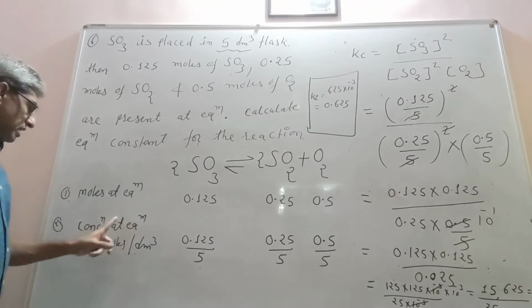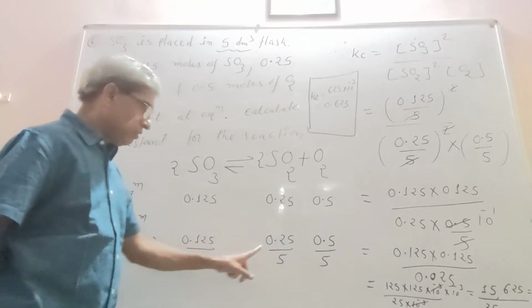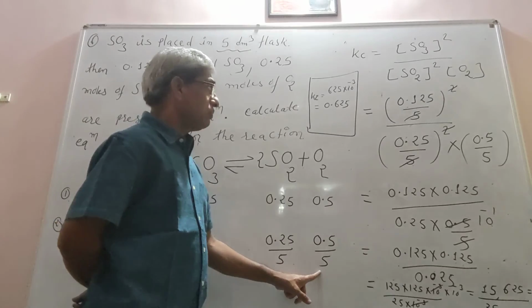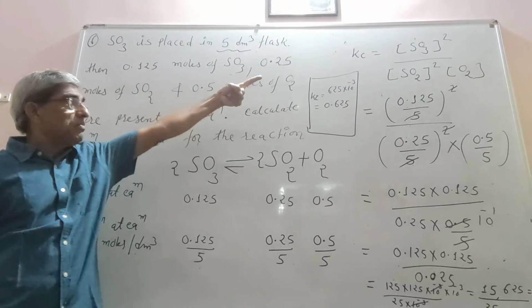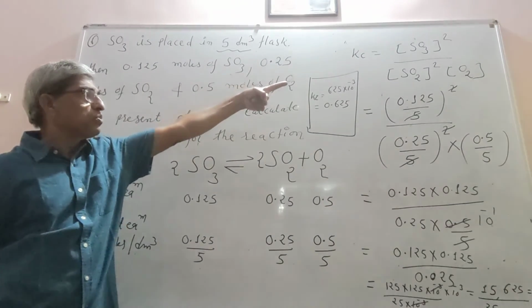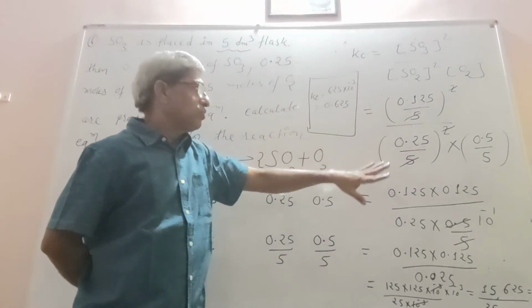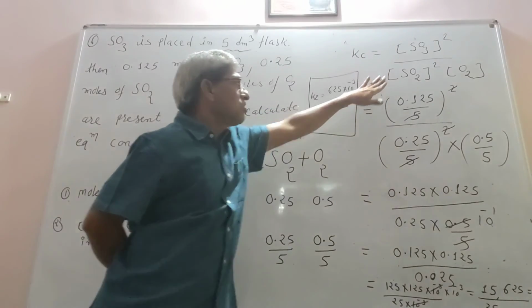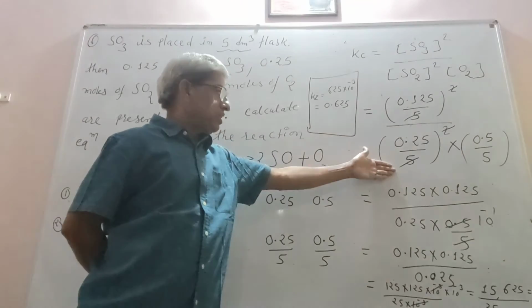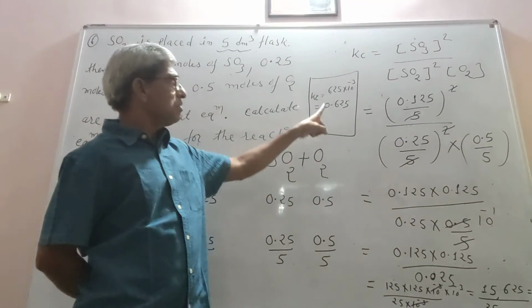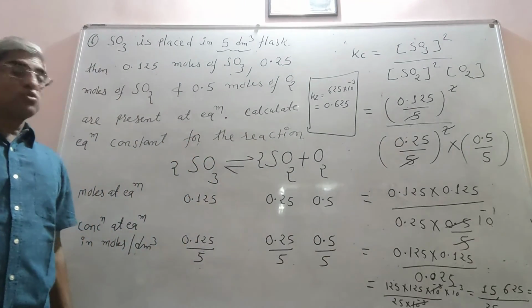Then concentration at equilibrium in moles per dm cube: 0.125 divided by 5, volume is given 5, 0.25 by 5, 0.5 by 5. After applying the law of mass action to this reaction, we get that equation Kc equal to concentration of SO3 raised to 2 upon concentration of SO2 raised to 2 into concentration of O2. By putting the values of these concentrations, we substitute, and by doing the calculations, the final answer becomes equilibrium constant equal to 0.625.